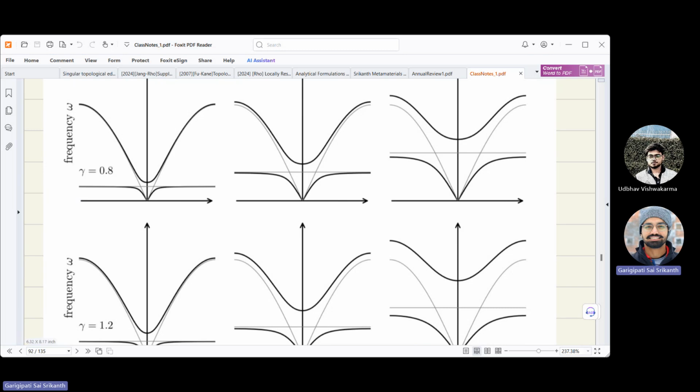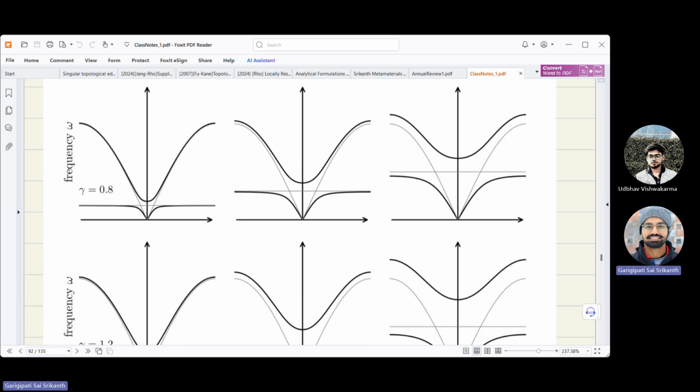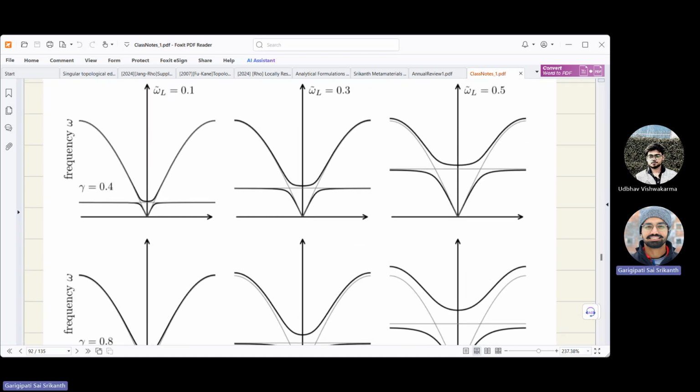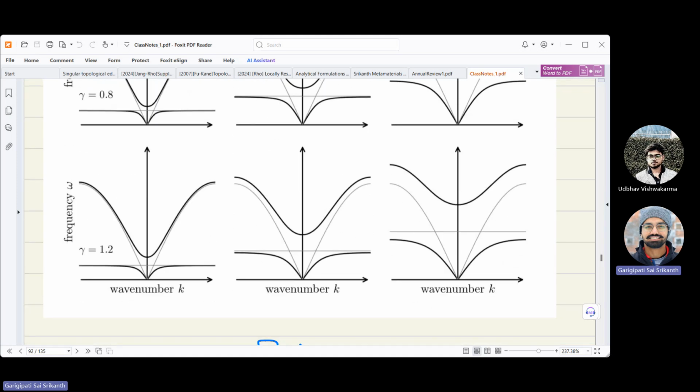Along the row, the resonating frequency is being increased. So at higher frequencies, you get a broader band gap. It's happening everywhere: as you go higher, it's broader, and the more the coupling strength, the broader it gets everywhere.